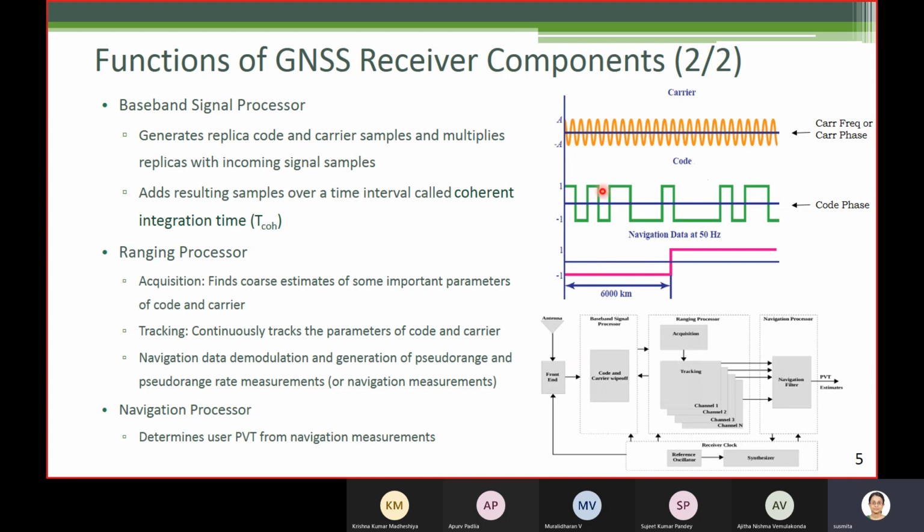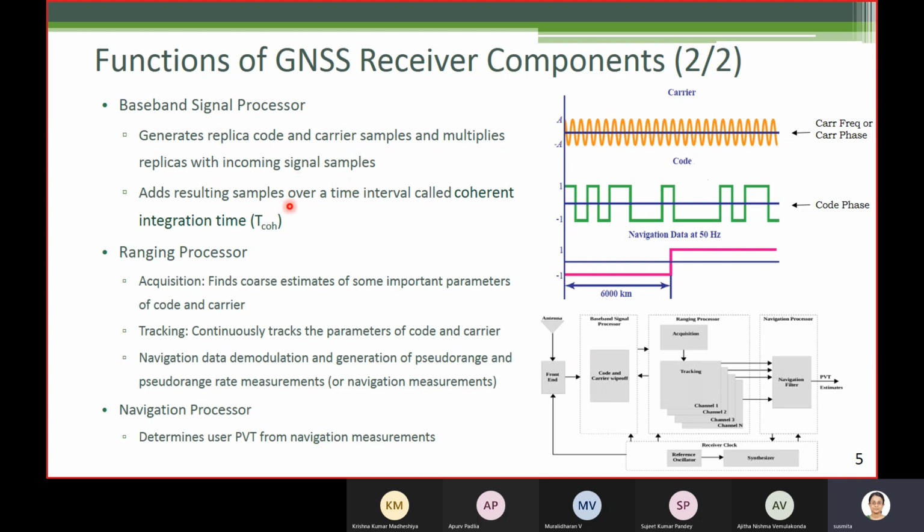All the three components are present in the incoming signal. Internally, the receiver also generates a replica of code and carrier. Of course, it has to be in the digital domain now. So it generates samples of the replica code and carrier and multiplies the replicas with the incoming signal samples.